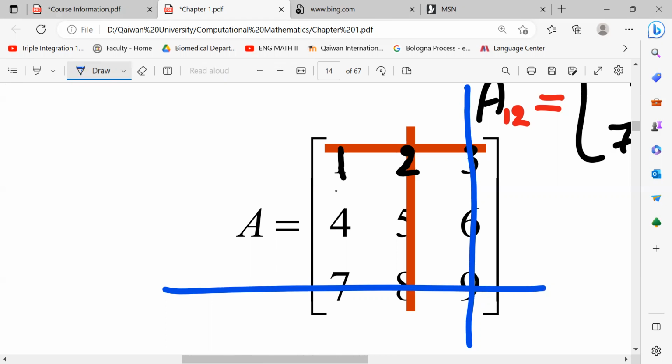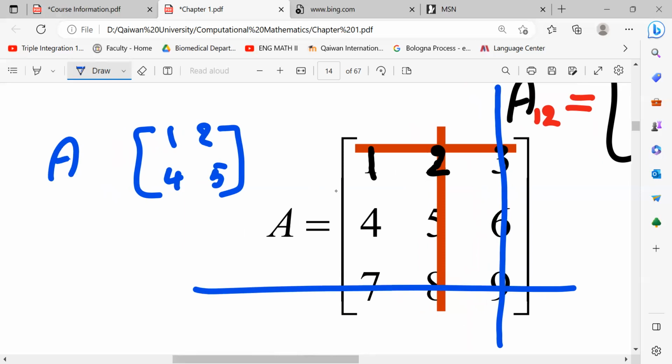If you remove a row and a column, the number of rows and columns are reduced by 1, so we get a submatrix which is a 2 by 2 matrix. The submatrix is what? Who's gonna tell me? 1, 2, then 4, 5. How to name it? What's the name of this matrix? A, first rows. You must first write down the row number and then the column number. A33.